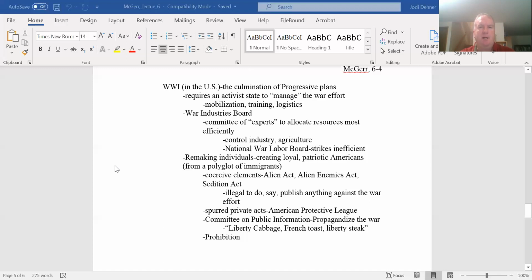To manage this process, the progressives created what was known as the War Industries Board. The War Industries Board was a perfect example of how the progressives saw the world: a small group of experts who were going to manage this process for the benefit of the nation, even though it was going to impact the desires of private industry.